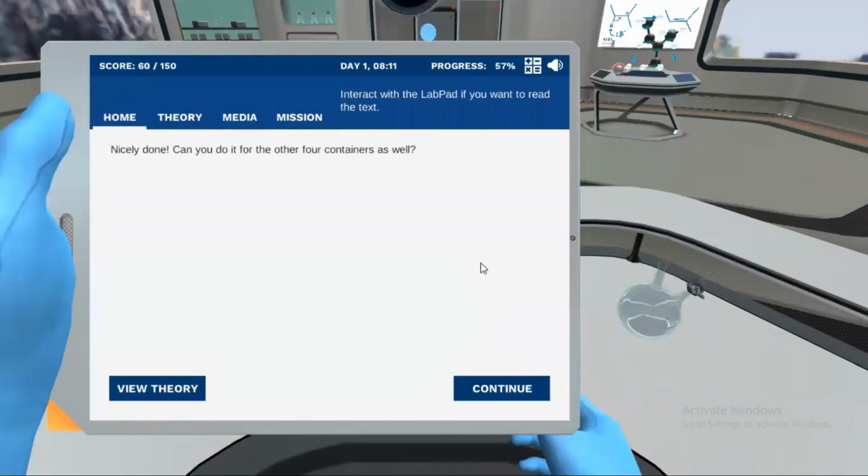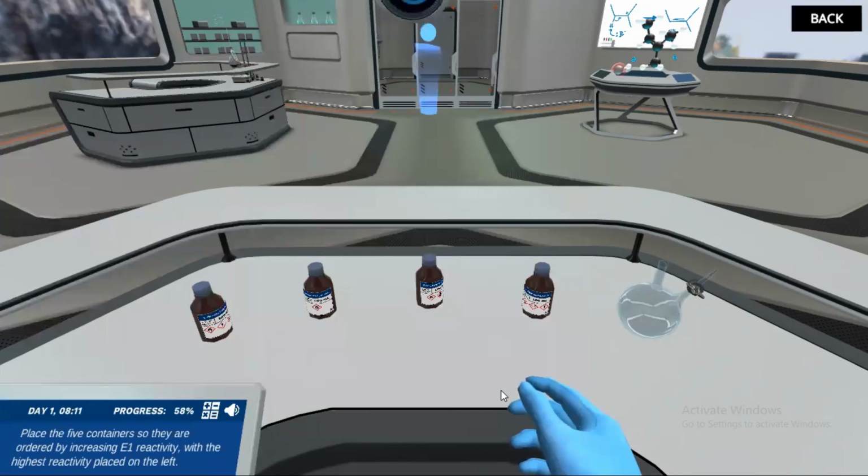Nicely done. Can you do it for the other 4 containers as well? Place the 5 containers so they are ordered by increasing E1 reactivity, with the highest reactivity placed on the left.